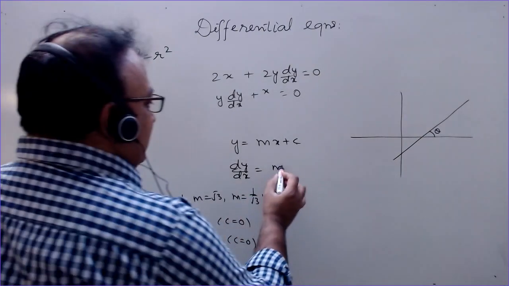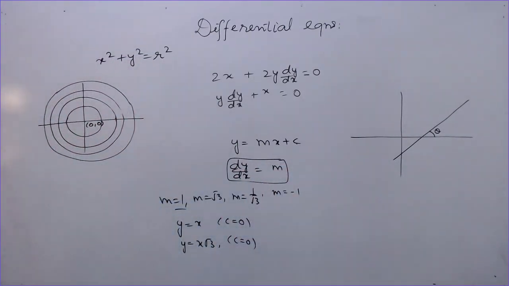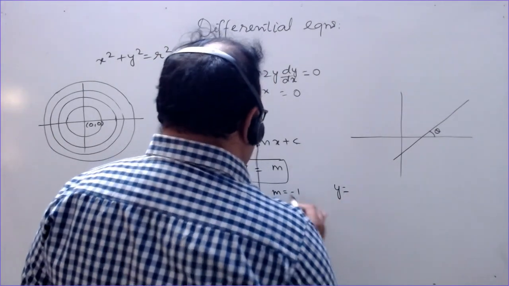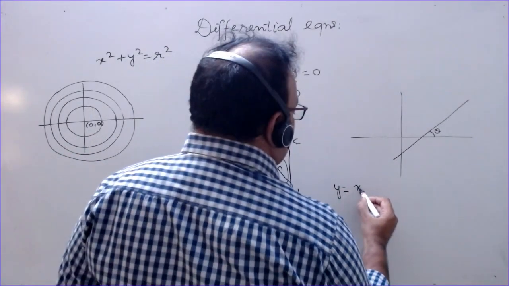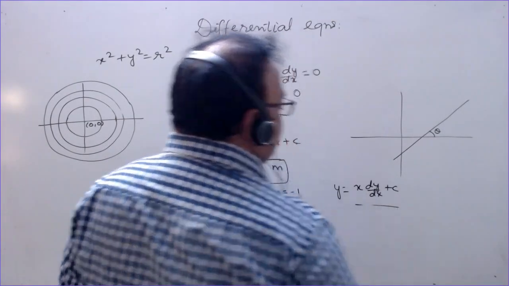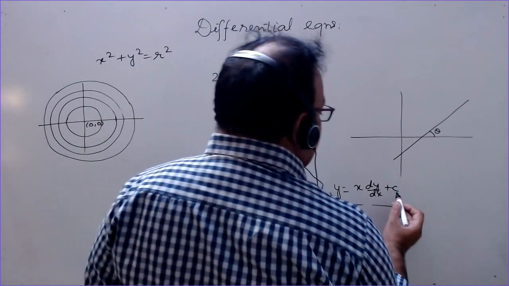So dy by dx here is equal to m. This is the equation of a family of straight lines. We can put the value in this equation: y is equal to, in place of m, dy by dx, so y equals x dy by dx plus c. This is the equation of a family of straight lines having intercept c.